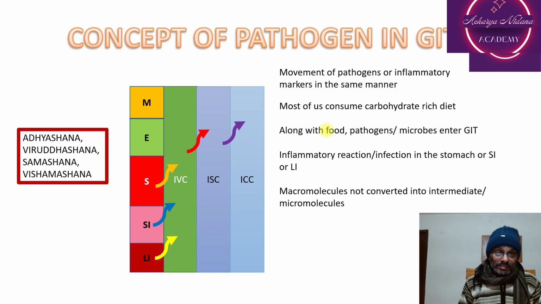And as they are macromolecules, they enter into the lymphatics. From there it will be entering into the thoracic duct. From there it will be entering into the superior vena cava at the junction between the left internal jugular vein and left subclavian vein. From there it will be entering into the heart and then into the general circulation.